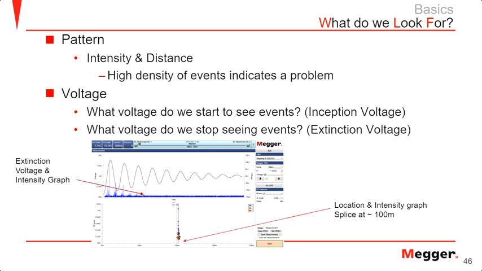This is important because if your inception voltage is lower than your operating voltage, that means partial discharge is present all the time and it's eating up your insulation pretty fast. You don't want your PDIV anywhere inside your operating voltage. Extinction voltage is when do these events disappear.